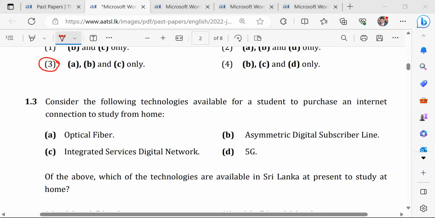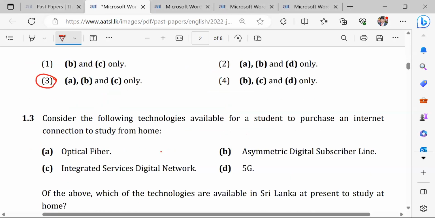Right. Consider the following technologies available for students to purchase for an internet connection.